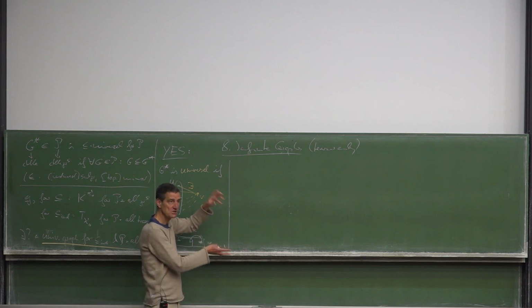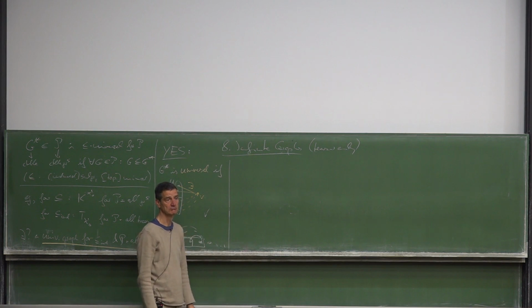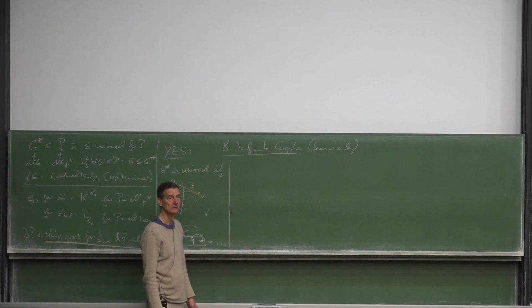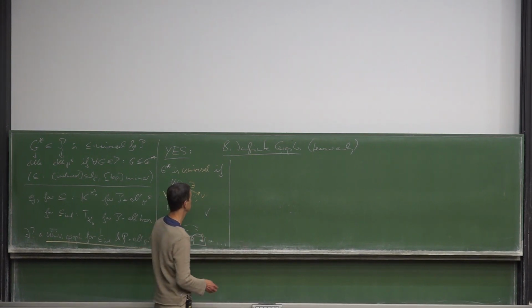There are many choices of U and W in this finite graph, and for every such choice, we add one new vertex. That's our next step. That's another finite graph. And then for that finite graph, we can do the same.